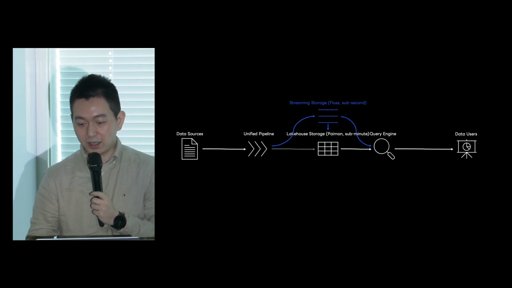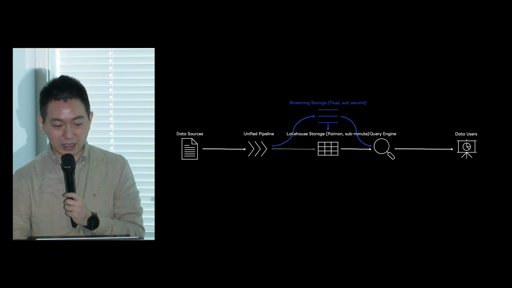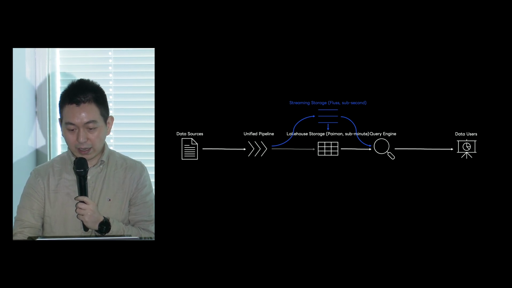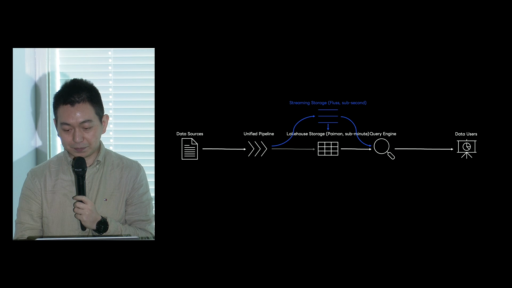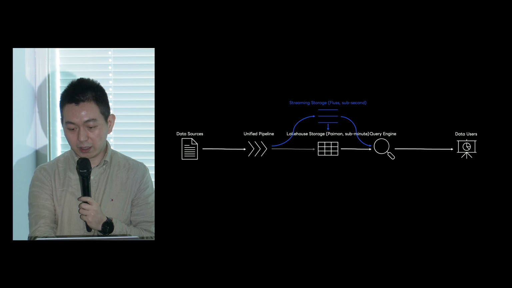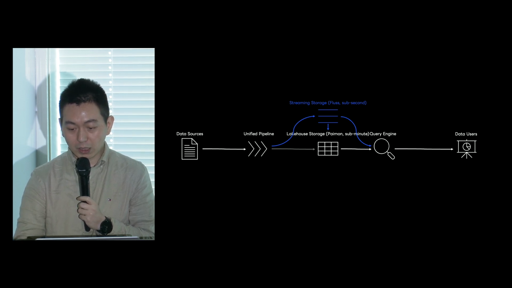That is Fluss, a streaming storage for real-time analytics. Let's add Fluss to the pipeline and use Paimon as its tiered storage. Just similar to Kafka mentioned before, then we can achieve sub-second latency as well as good query performance with Fluss. If we query historical data offloaded to Paimon, it's still close to real time with just a sub-minute latency.